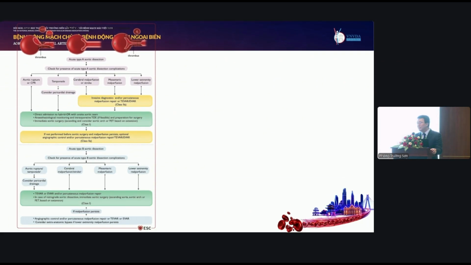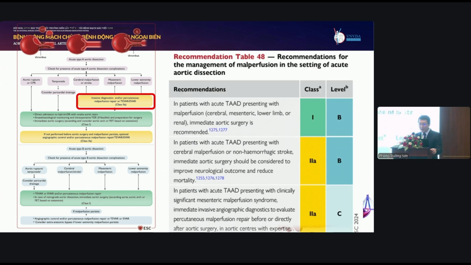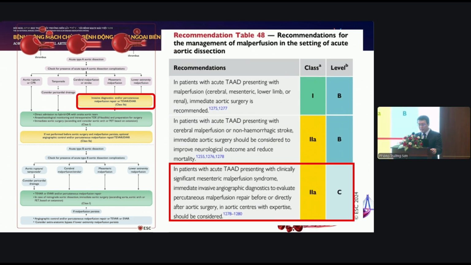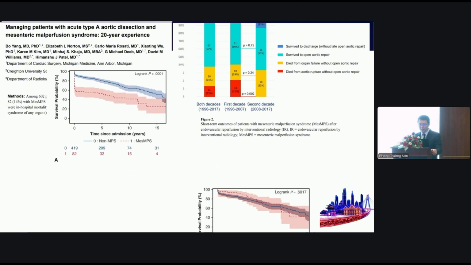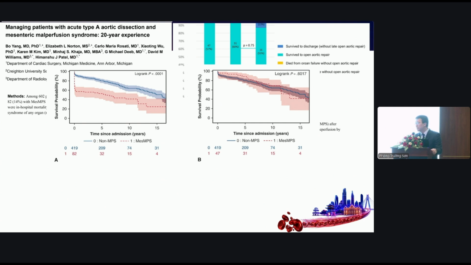Again, you can see the ESC 2022 guideline on the management of aortic and peripheral diseases. In a patient with acute type A dissection and mesenteric malperfusion, you perform immediate invasive angiographic diagnosis and then endovascular first, followed by open aortic repair, especially in an aortic center with experience. I read recommendations from some centers in Europe and the US, with 20 years of experience, saying you can approach this patient endovascular first.